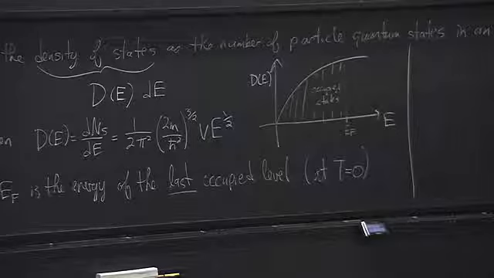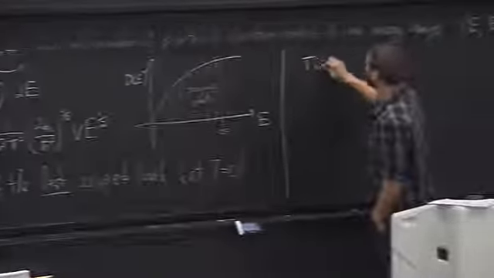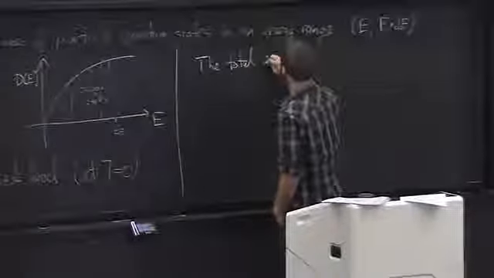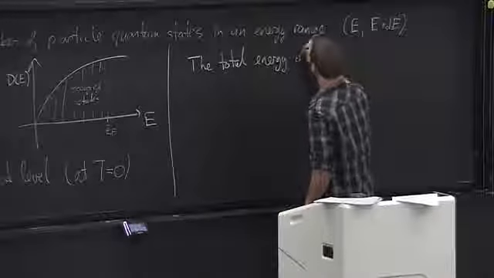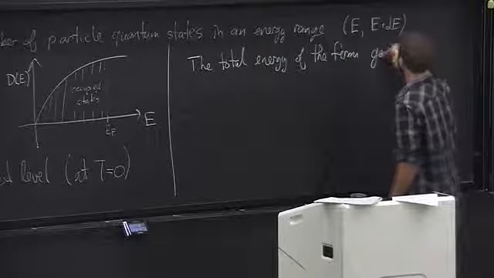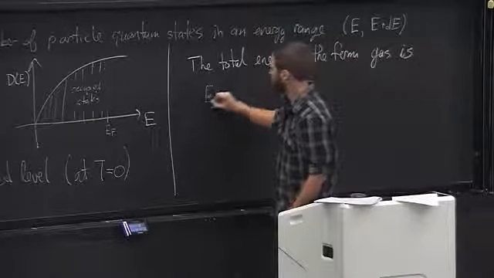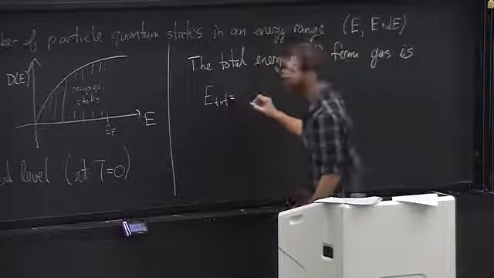Now to answer this question, the total energy of the Fermi gas is the integral. I can integrate over k space, or I can integrate over energy space if I know the density of states. So for my total energy, let's use my density of states.